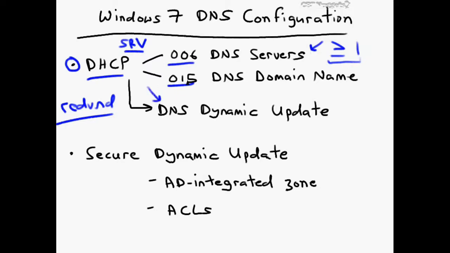Another really nifty advantage that we saw in Windows 2000 Server and still carries forward now to Windows Server 2008 is that of DHCP-based DNS dynamic update.